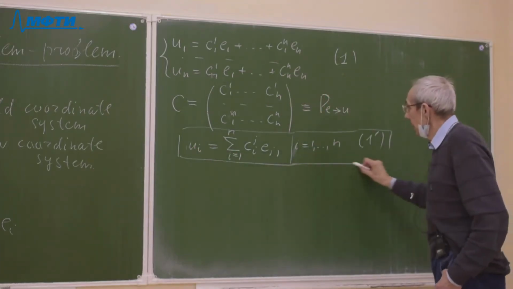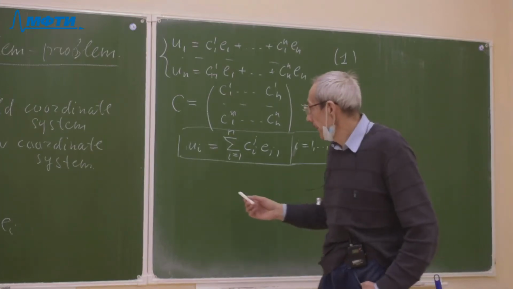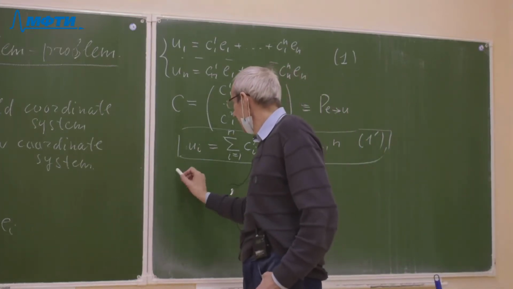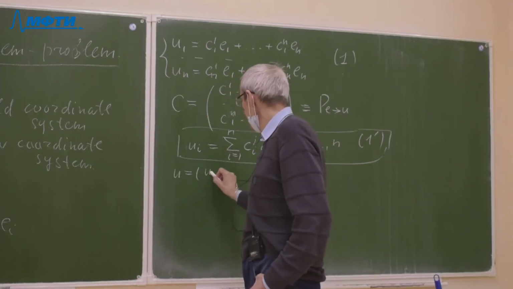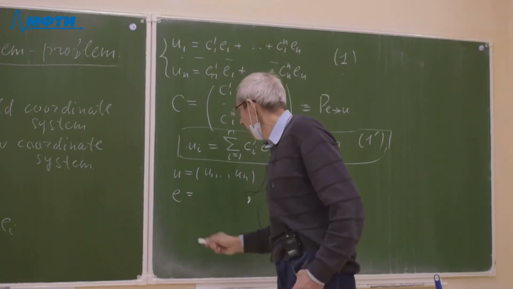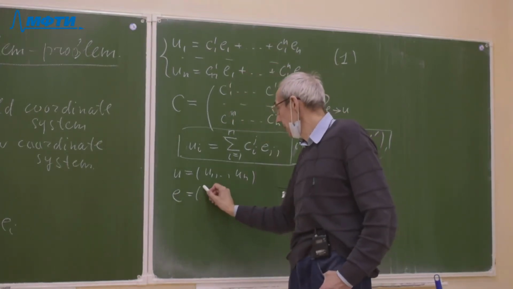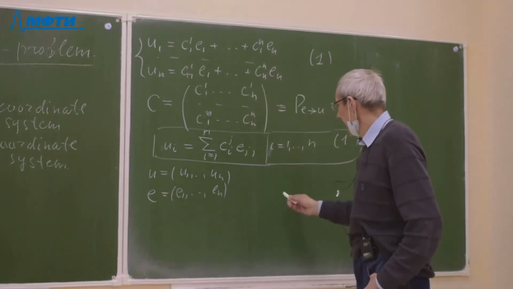And we also use the matrix notation, namely let U be the new basis u1, ..., un, and E the old basis e1, ..., en.